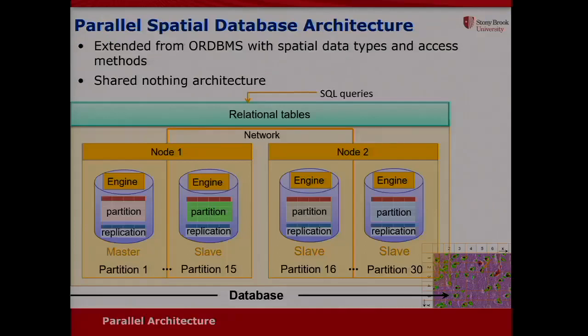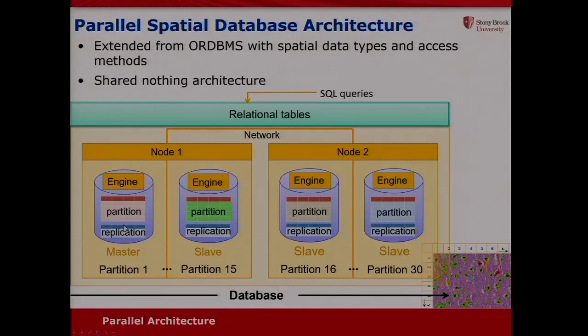Okay, to make the database scalable, we have a parallel spatial database architecture. Again, we built this prototype on top of DB2. For this case, we have only 2 nodes, and each node has 15 partitions. Node 1 has 15 partitions, and the second node also has 15 partitions.